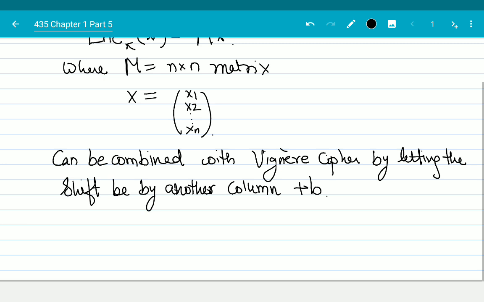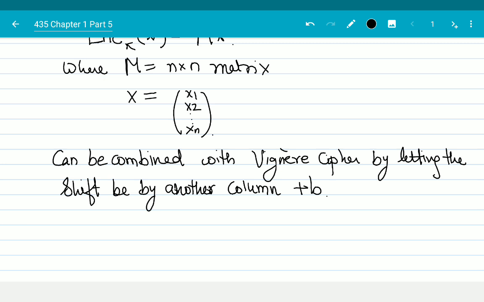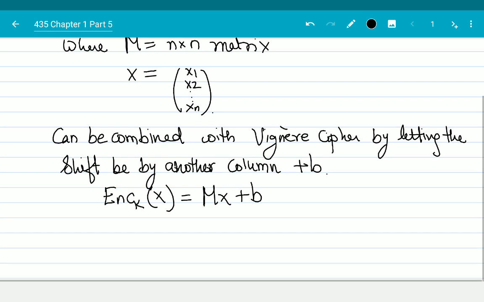In that case, the encryption is going to look like encryption k of x is equal to mx plus b, very much similar to an affine cipher.